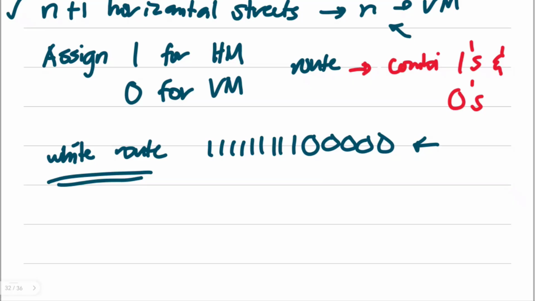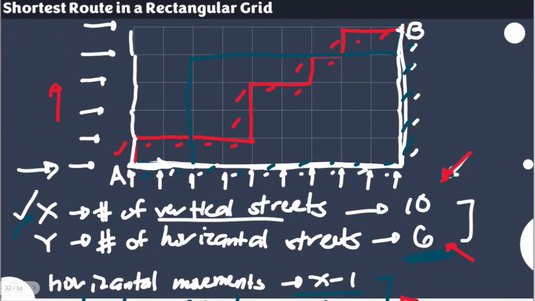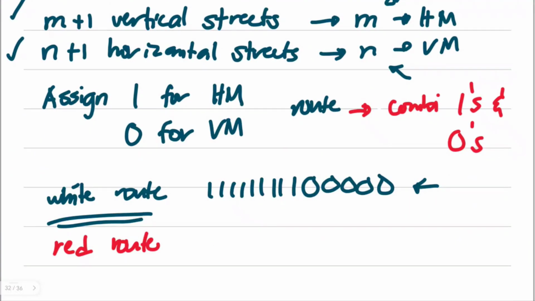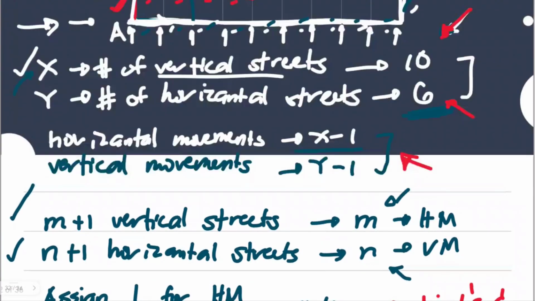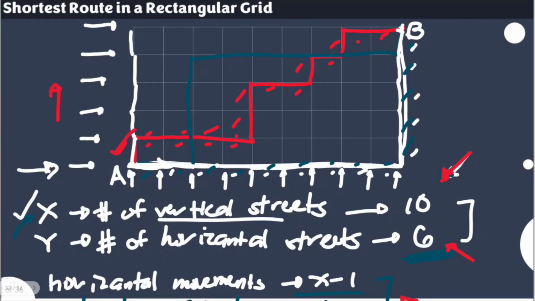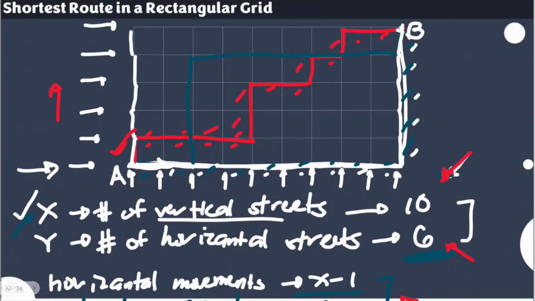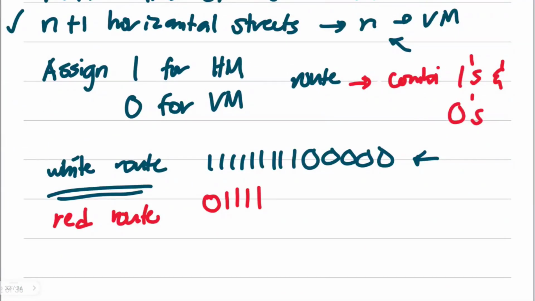As for the red route, sorry, I am establishing here the idea of the formula. For the red route, you have here movement up. So the movement for up is a vertical movement, which is 0. You will have here 1, 2, 3, 4 horizontal. So 1, 2, 3, 4. Then 2 vertical routes, 0, 0.